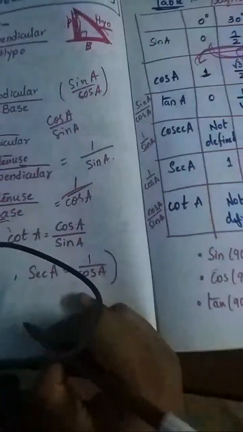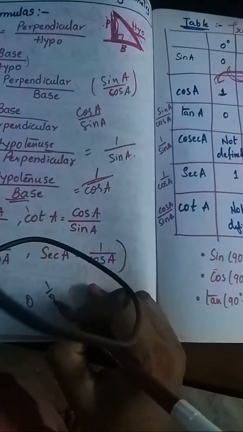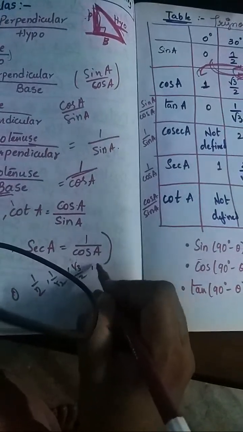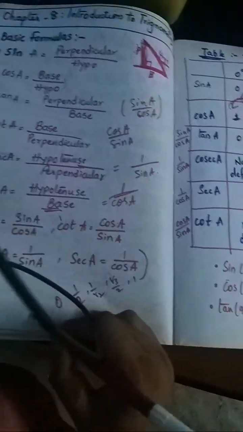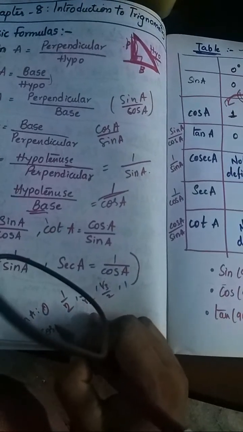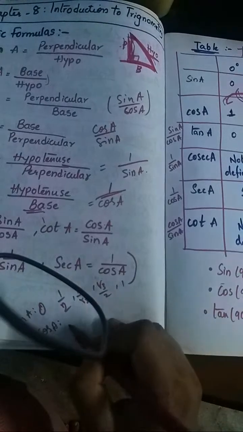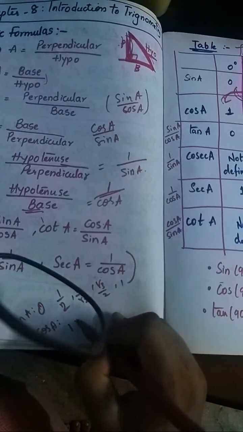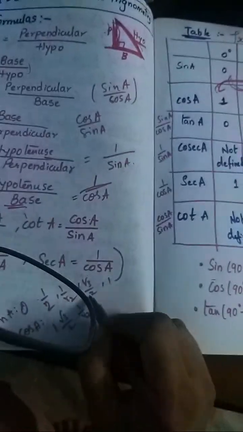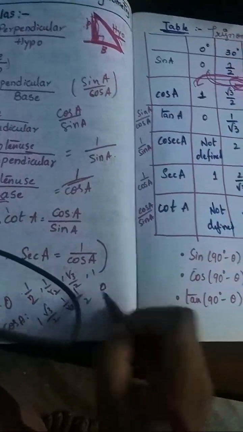First I have written 0, 1 by 2, 1 by root 2, root 3 by 2, and finally we have 1. In cos, this is sine A, cos what? 1, root 3 by 2, here 1 by root 2, here 1 by 2, and 0.